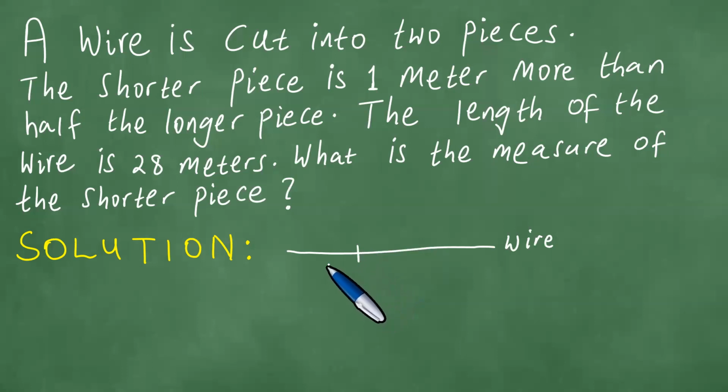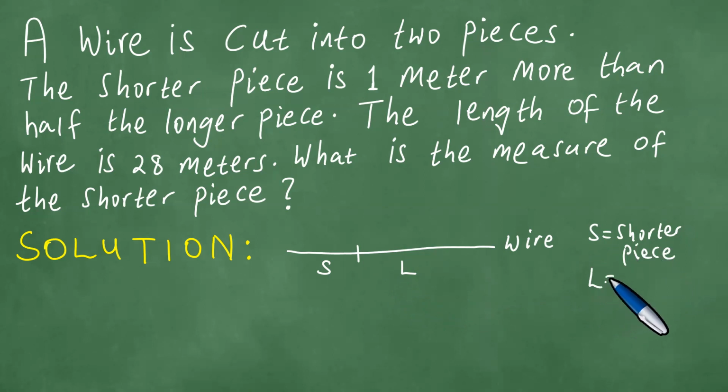The shorter piece is called S, which means the shorter piece, and L means the longer piece.